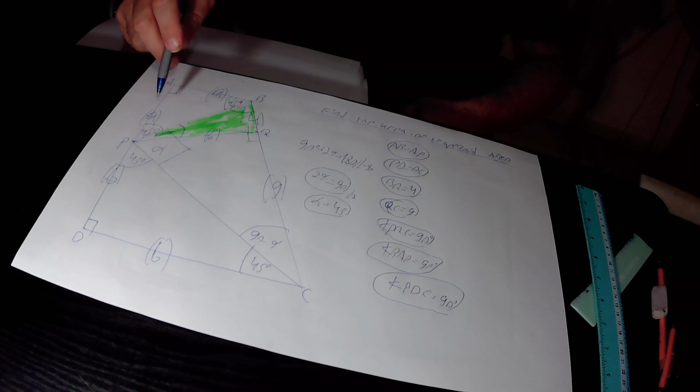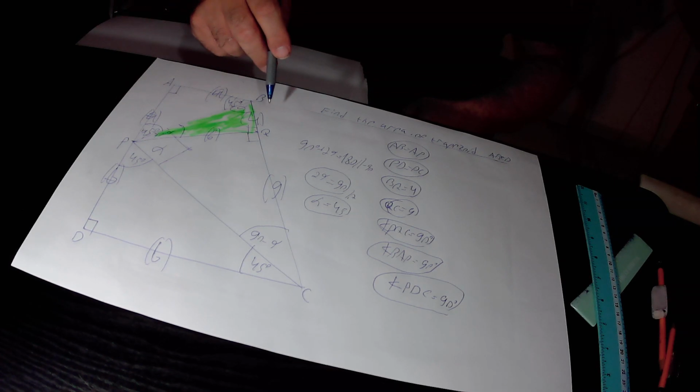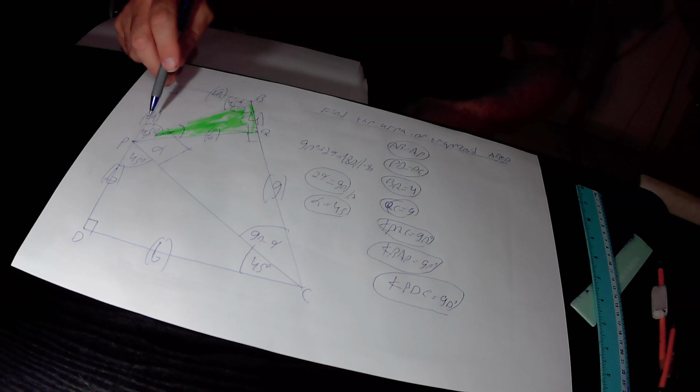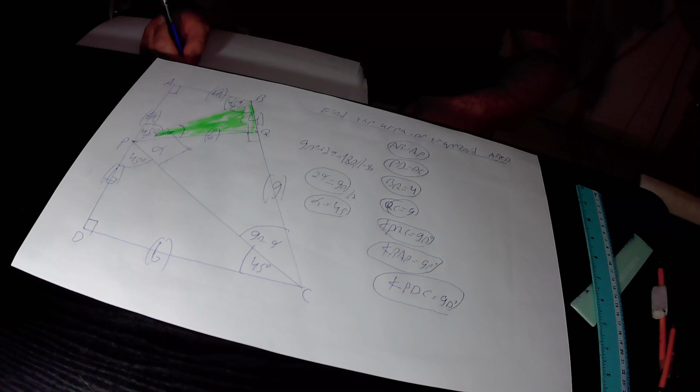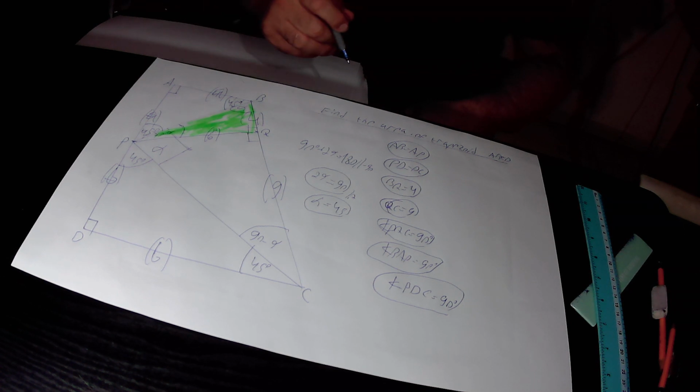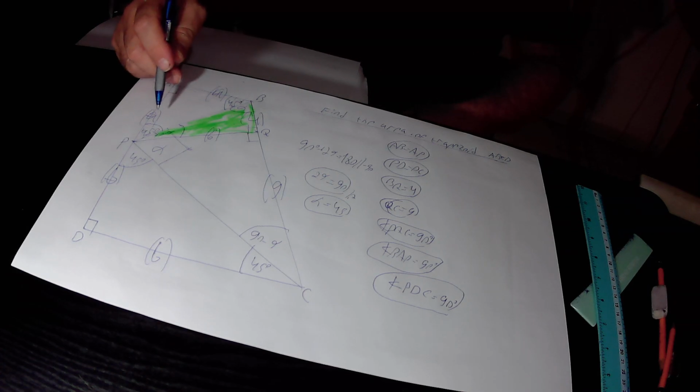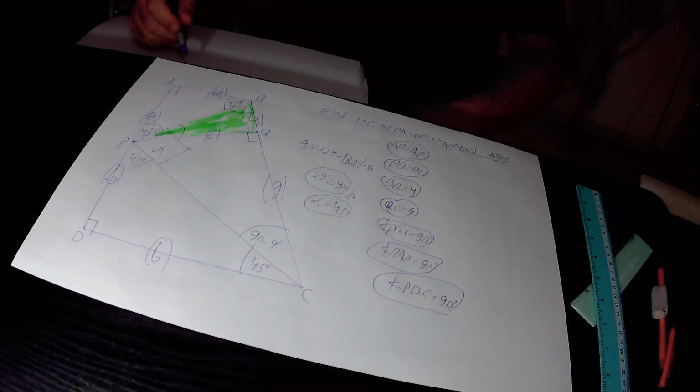The second component is the area of the big right triangle PBC, plus the area of the third component, the right triangle PDC.